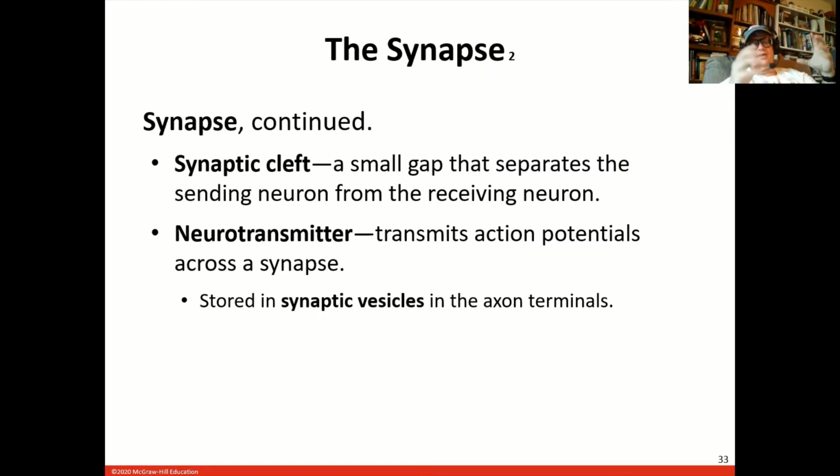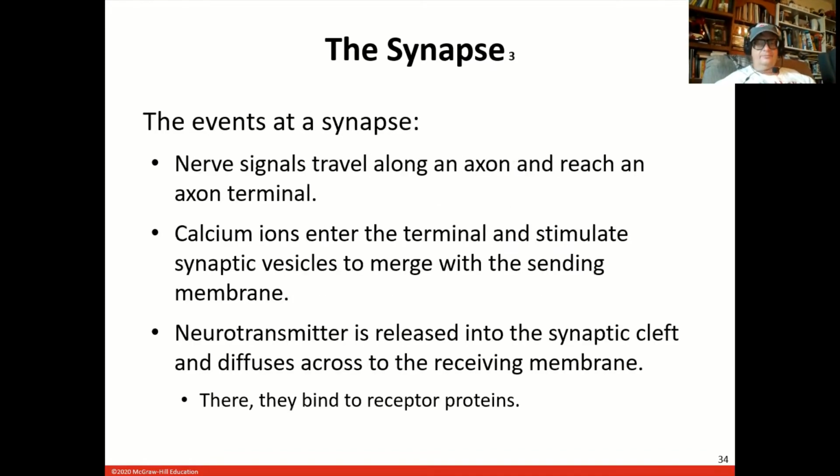And that target has receptor proteins on its membrane that will receive the acetylcholine or whatever the neurotransmitter is. Whenever the neurotransmitter binds, you open up a channel and ions rush in. All right, so this is how the synapse works. The nerve signal goes down the axon and gets to the axon terminal.